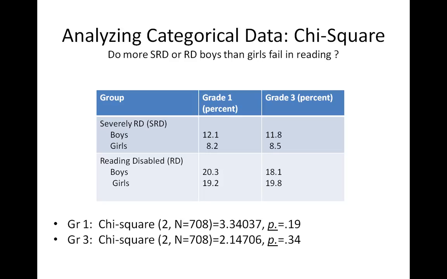Because if you go back to that severely reading disabled part of the graph, on visual inspection you could think that there were significantly more boys who failed in reading than girls. So it is inferential statistics that will answer that question for you and keep you from making a false assumption.